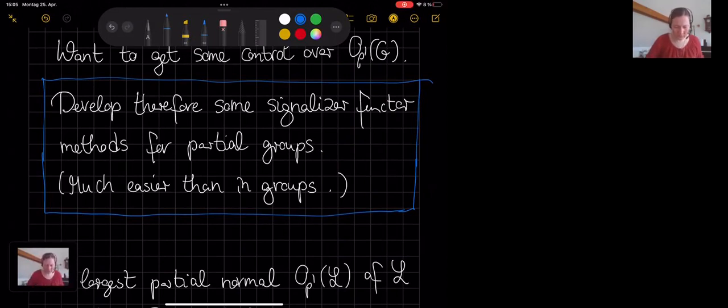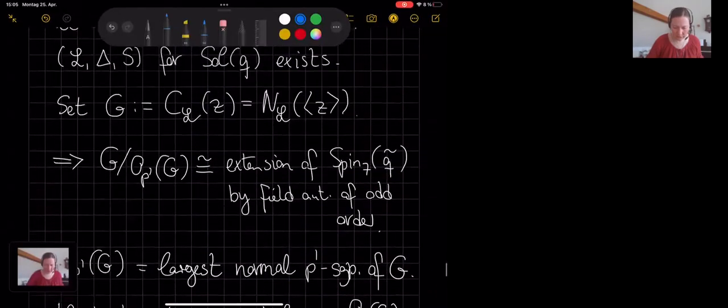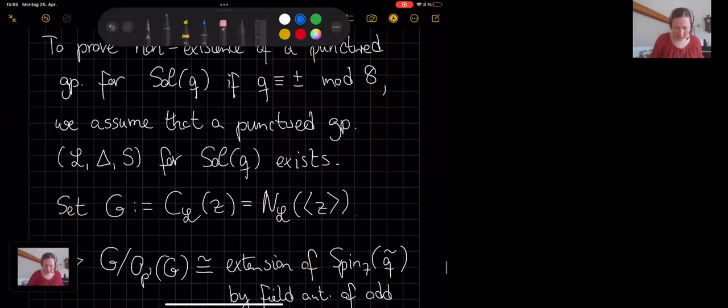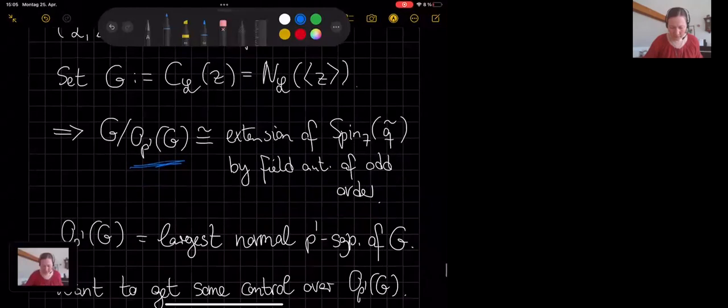And we develop some signalizer functor methods for that. So the idea is that we use this to control the O^p' of G if G is a centralizer of the central involution. Because we know that if you look at the centralizer, one can easily show that this is the extension of Spin7(Q tilde) for some Q tilde by some field automorphism of odd order.